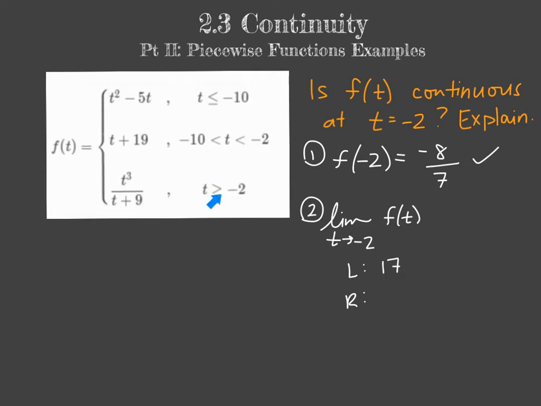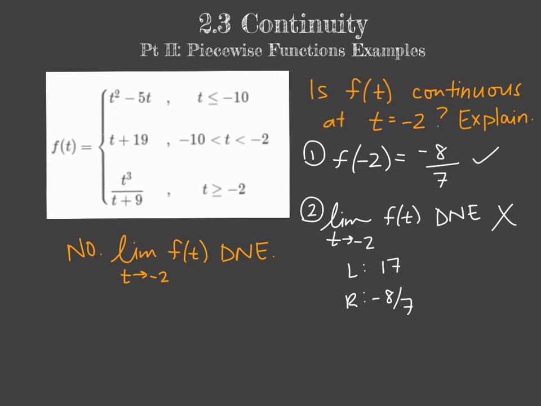From the right is values greater than -2. We already plugged that in. It's this funky fraction, -8/7. Therefore, our limit does not exist. And therefore, our function is again discontinuous at this breaking point because of the same reason, that the limit does not exist.